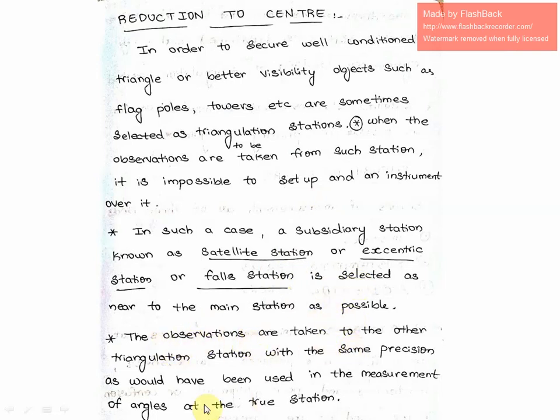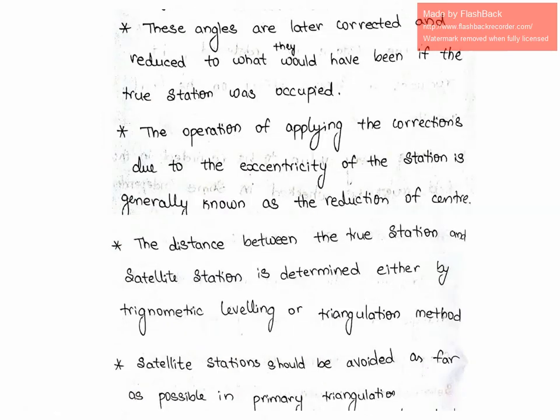The observations are taken to the other triangulation stations with the same precision as would have been used in the measurement of angles at the true station. As I told, we'll set up a false station near the true station and take the observations, and these angles are later corrected and reduced to what they would have been if the true station was occupied.